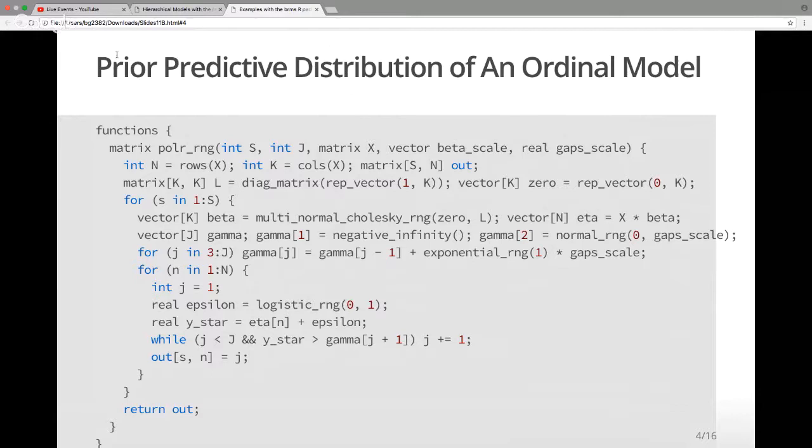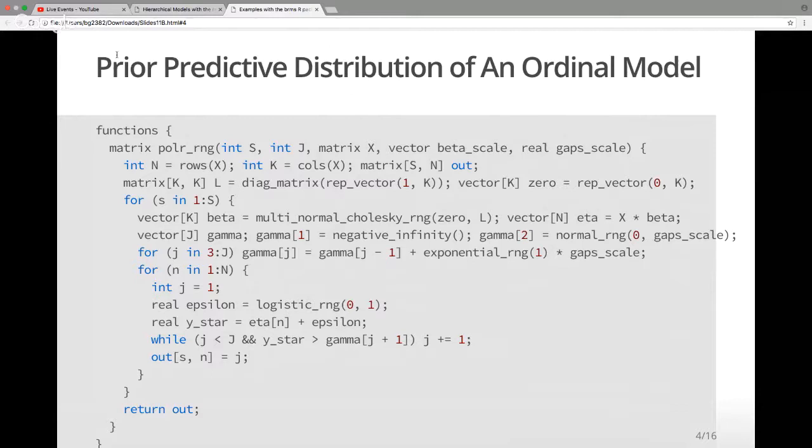In this setup, like we referred to on the previous slide, it's not going to have a column of ones to estimate the intercept, and instead we'll estimate J minus 1 cut points. Next is a vector of scales for the coefficients in this model, assuming you're going to use normal priors with expectation 0.